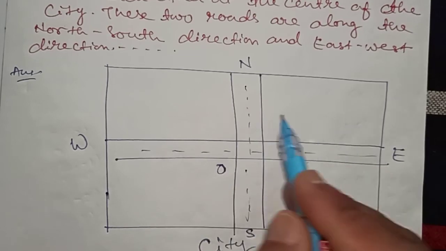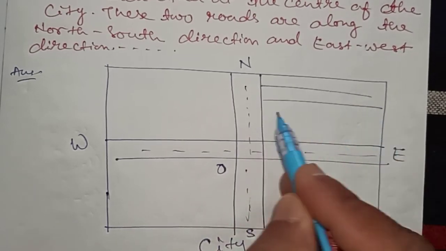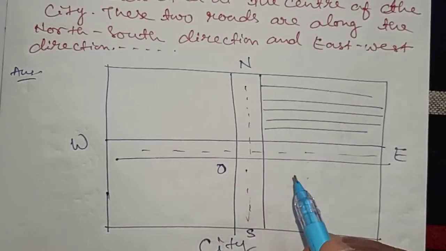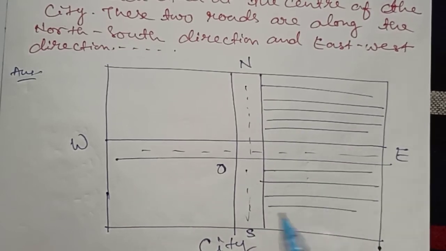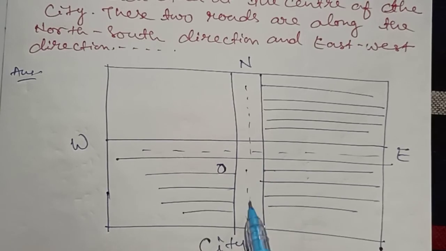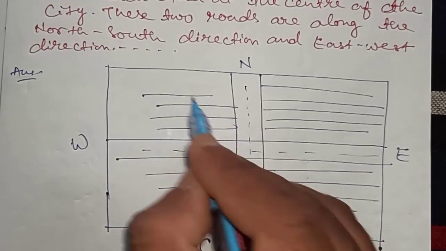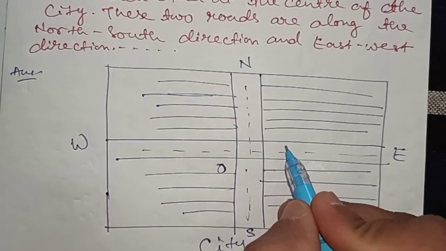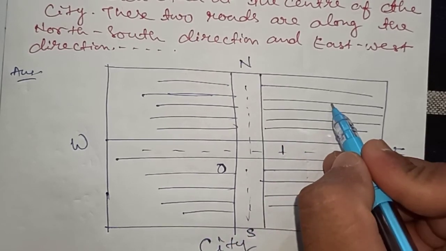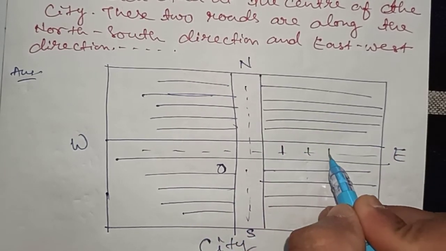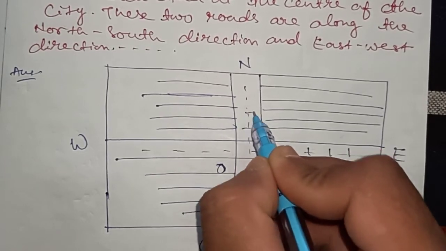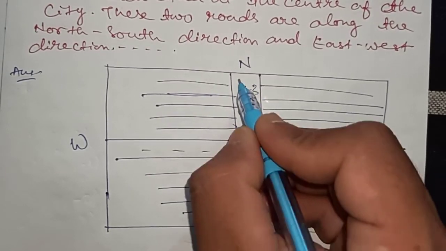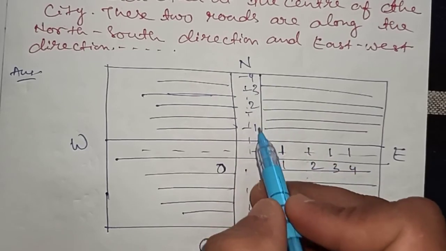So you have to draw many roads which are 1 centimeter apart up to 100 meters. These are the roads or lanes going from one way to the other way, and you have to mark some points. Suppose you have to mark 4 comma 3. Suppose this is 1 2 3 4, and this is 1 2 3 4. Every line is 1 meter apart.